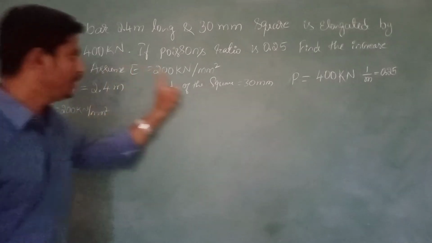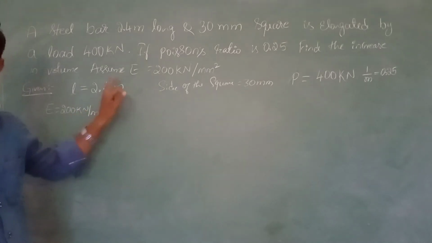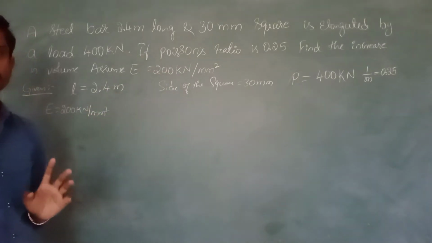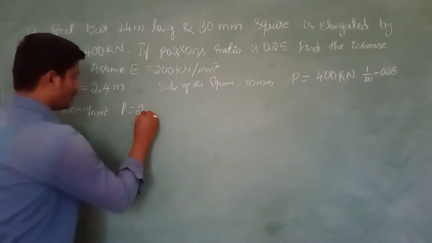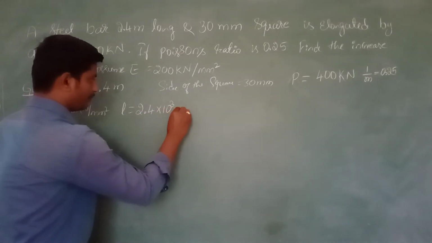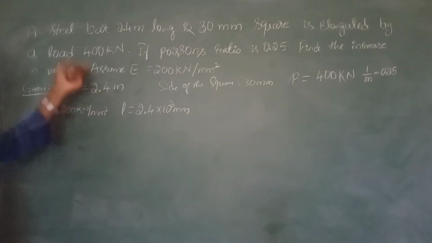So we will convert the meter into millimeter. So L is equal to 2.4 into 10 to the power of 3 mm. This is the length of the steel bar.